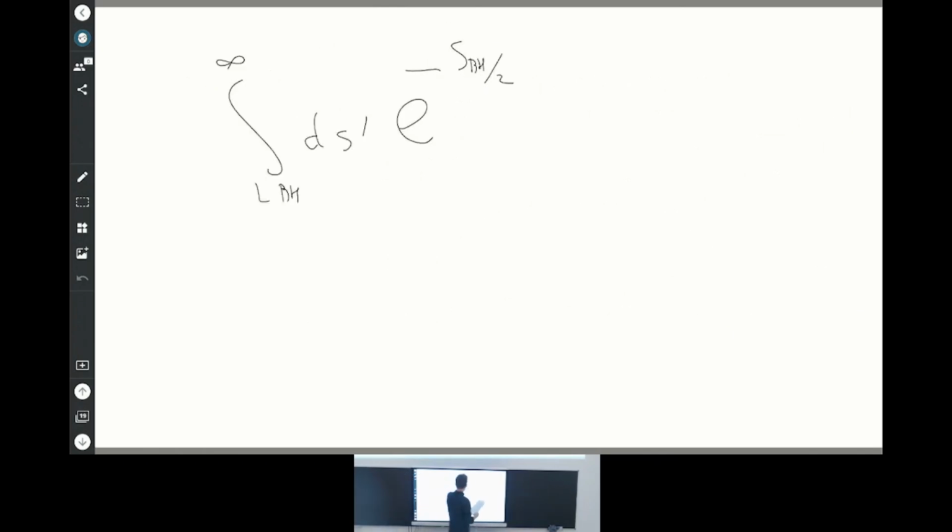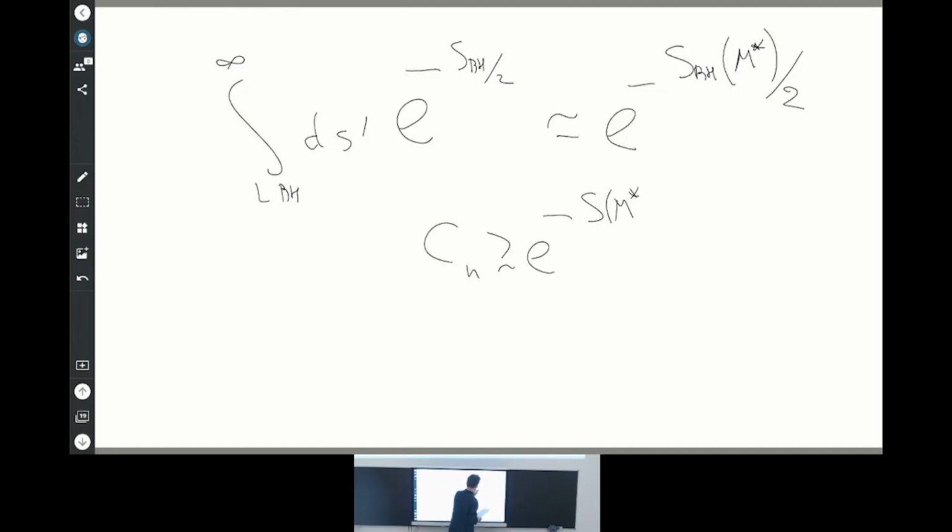And so we get the estimate that this is e to the minus S black hole of the lightest possible black hole over 2. This is a crude estimate, but I think this is the expectation in all this reasoning, that all the symmetries are broken by at least e to the minus S of the lightest black hole, which is, I think, completely phenomenologically irrelevant, which is a bit disappointing. But that's what it is.